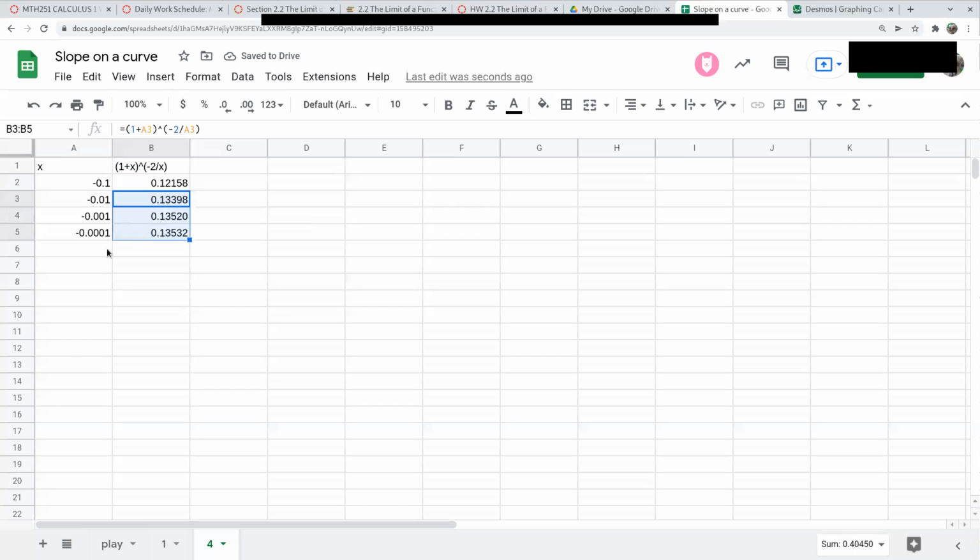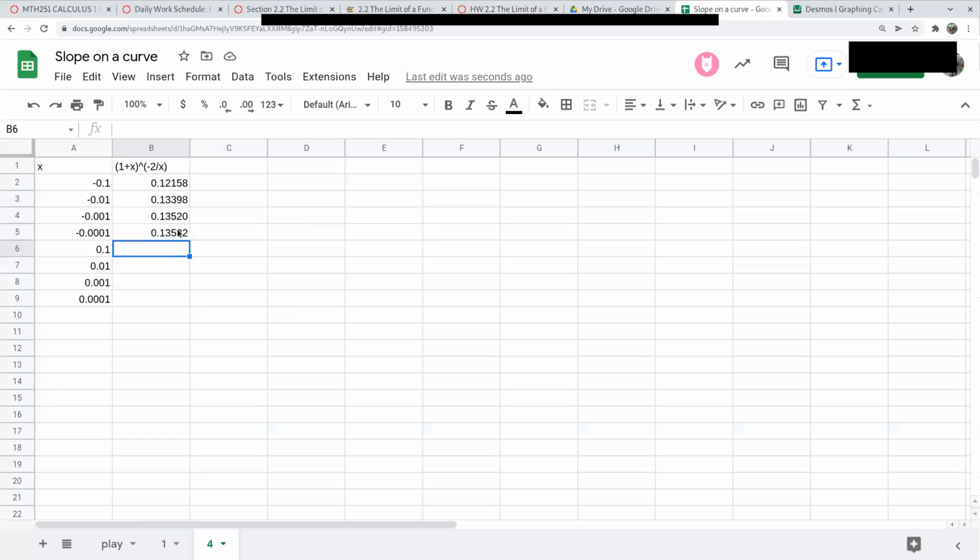Now I want to go on the other side, the right side. So approaching 0 from the right, 0.1, 0.01, 0.001, 0.0001, and I'm going to get a different set of answers, but I'm hoping they're kind of similar to this. 0.13532.